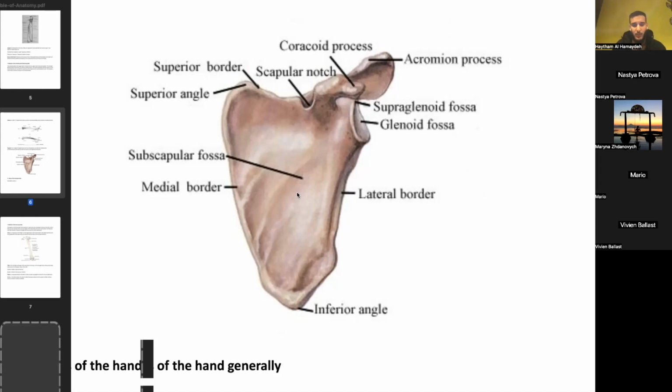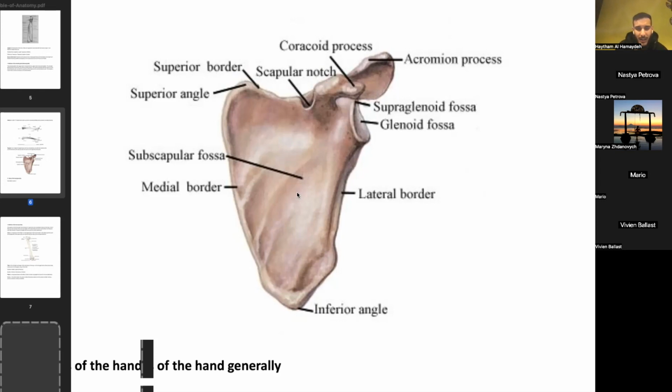The only attachment of the scapula to the clavicle is through its acromial process found posteriorly. Now, the spine of the scapula is found posteriorly. It extends to form the acromion most laterally.